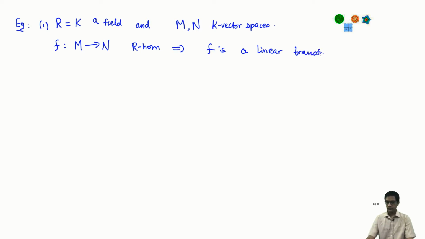So it's just that familiar notion imported to the context of modules over any ring. So that's the first example.